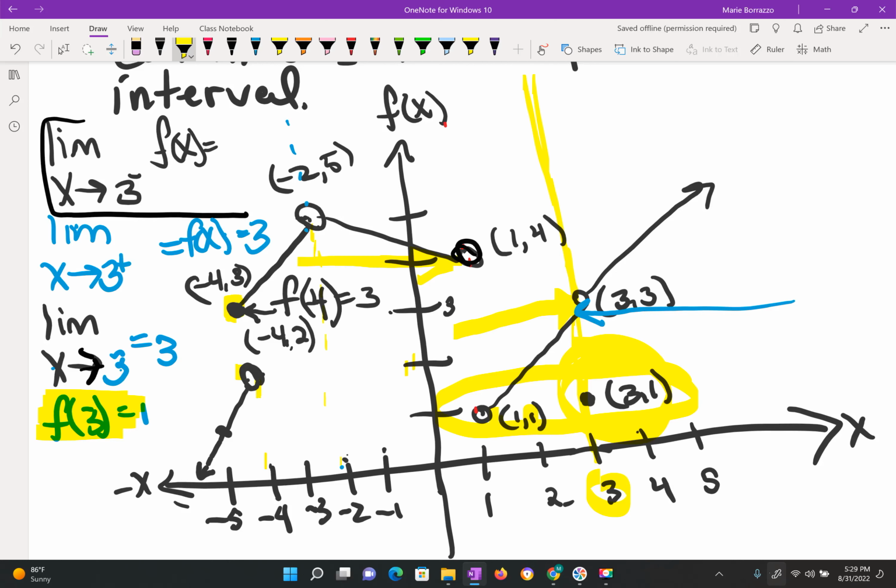I still don't understand the explanation. Of which one? Just like why it's the top one and not the bottom one, like 3-3 instead of 3-1. Is it because of the line that's slanted upward?